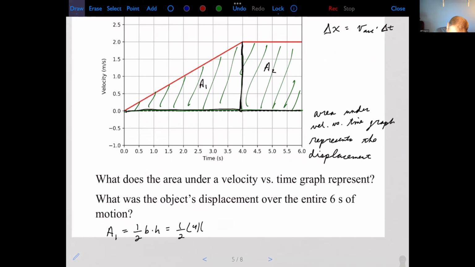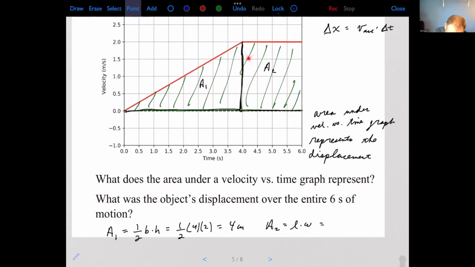And then the height is going to be 2. So that looks like it's going to be 4 meters. And then for A2, this is just a rectangle, right? So length times width, or you could say base times height, same thing. In this case, it looks like the length is 2, which is really seconds, 2 seconds.